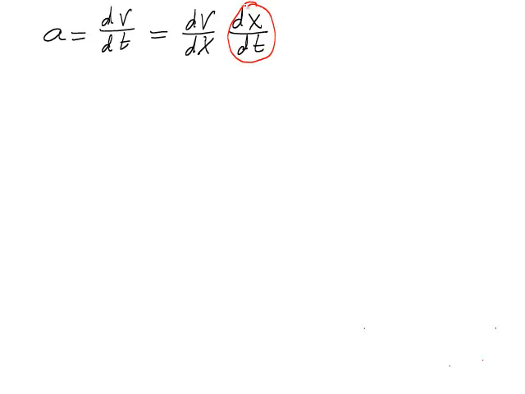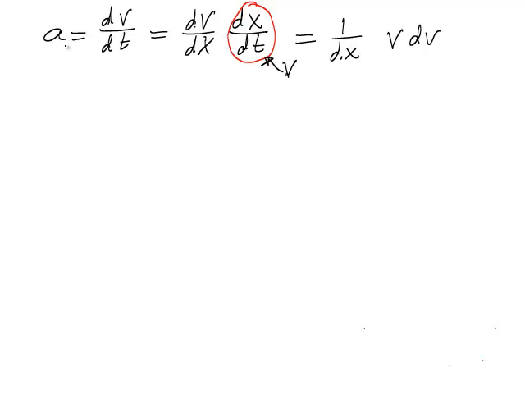This term right here, the derivative of position with respect to time, is the velocity. So let's plug that in. I can get 1 over dx, a small change in position, the velocity times a small change in the velocity. And again, the acceleration is always constant when doing our derivation of the kinematic equations.